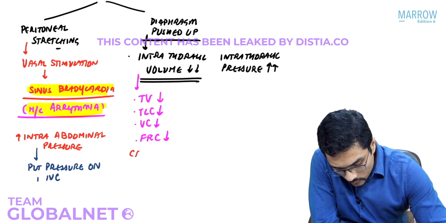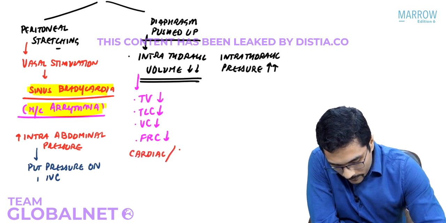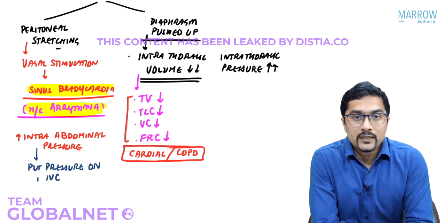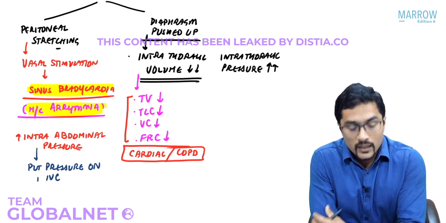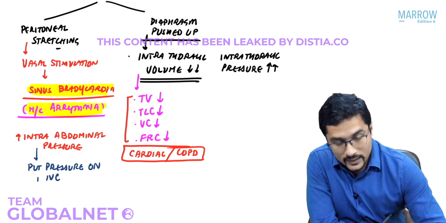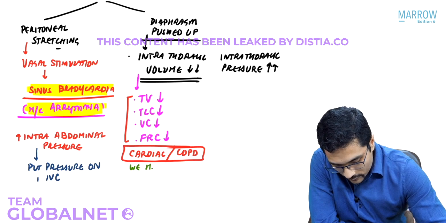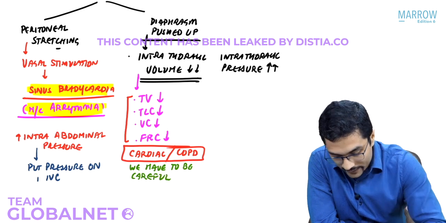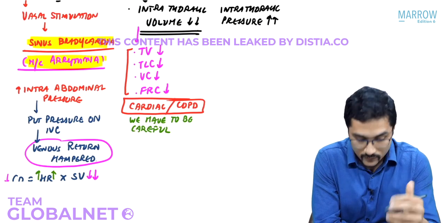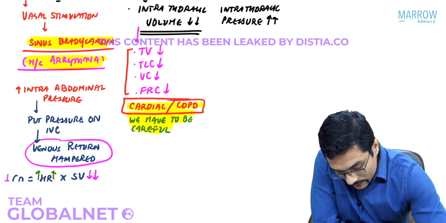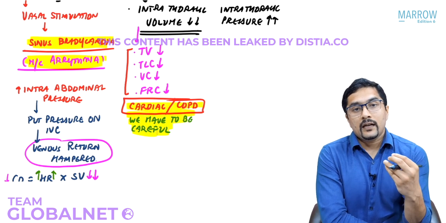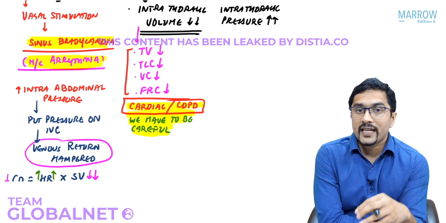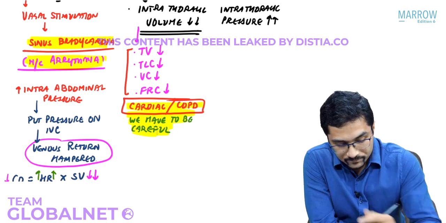If you have a cardiac patient or a patient with severe COPD, then a reduction in these volumes can be detrimental, which is why we have to be careful while doing laparoscopy in cardiac and COPD patients, so that these volumes don't suffer too much. This is important for your exam. That is why before surgery, the anesthetist looks at all these parameters before deciding if the patient is fit for laparoscopy or not.